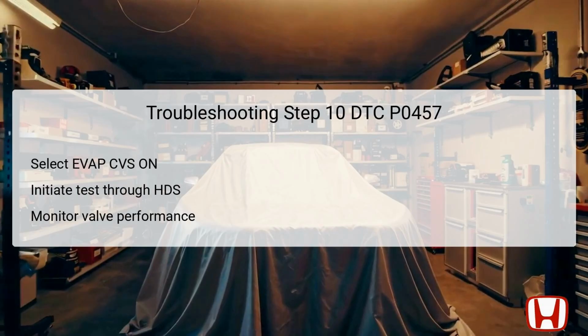You should observe if the valve opens and closes correctly, and whether there are any abnormal sounds or functions. If the valve does not operate within the expected parameters, this could indicate a problem, which would warrant further investigation or possible replacement. Successfully conducting this step aids in determining the overall efficacy of the EVAP system.